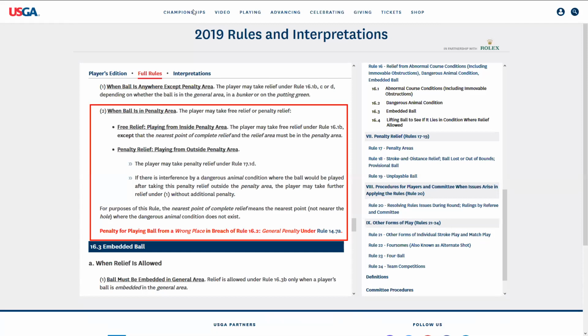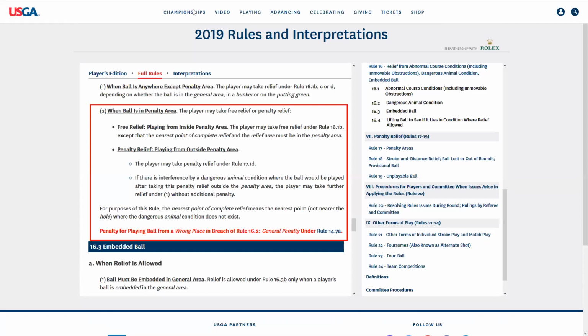The way the rule is written, it appears to say that the player must actually take the penalty relief, drop it in that area, and then the player may take further relief under number 1. That's what it says. However, the whole purpose of this rule is so that the player is not in danger.